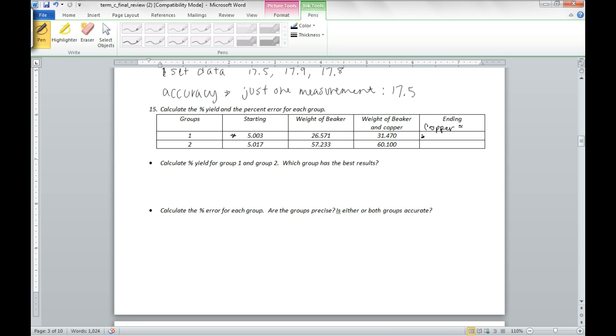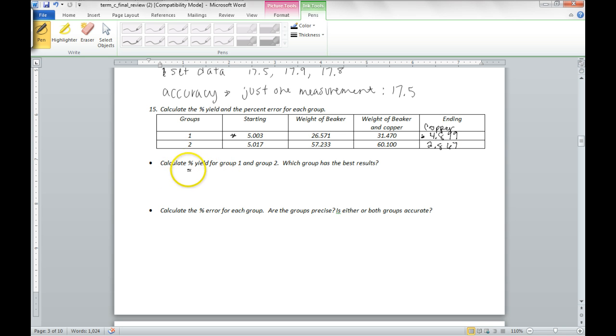So if we have 31.470 minus 26.571, we get 4.899. And then if we have 60.100 minus 57.233, we get 2.867.